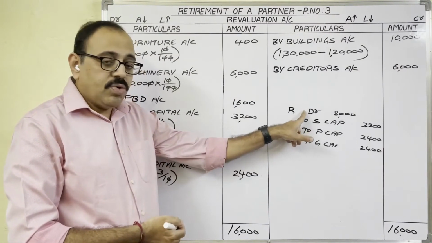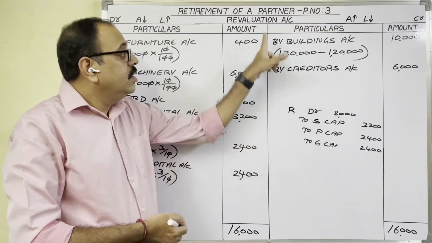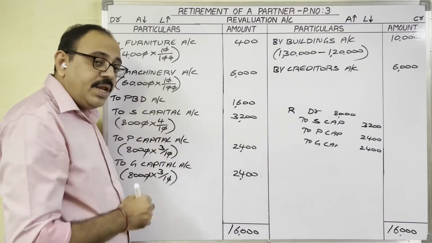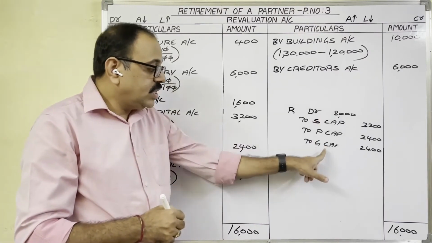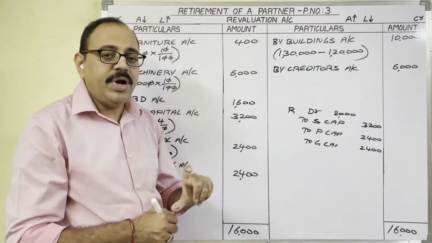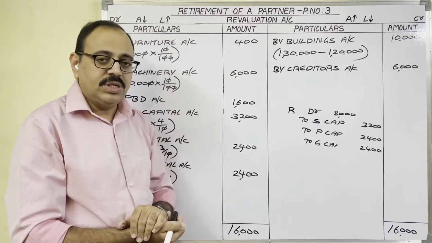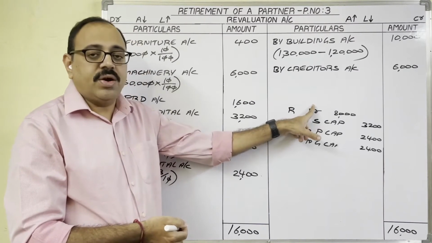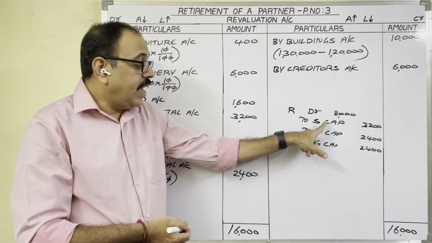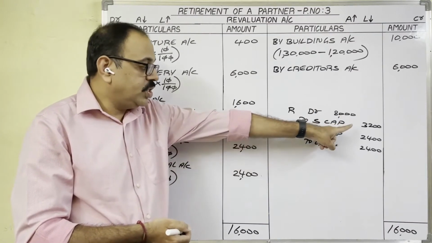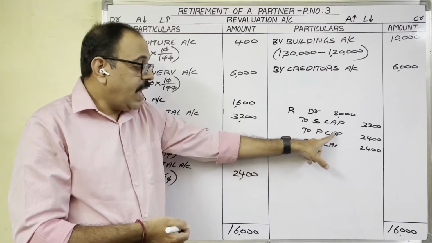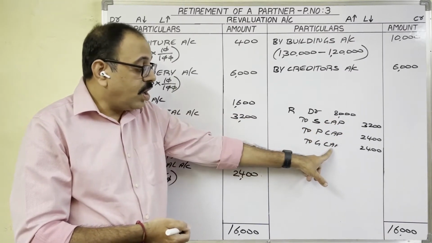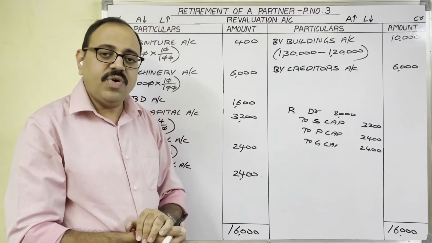As the revaluation account is debited in the entry, we posted on the debit side of the revaluation account. And capital accounts are credited. Therefore, in capital accounts, we should post on the credit side. What to write in the particulars column? By revaluation account. In S capital column 3,200, in P capital column 2,400, and in G capital column also the same 2,400.